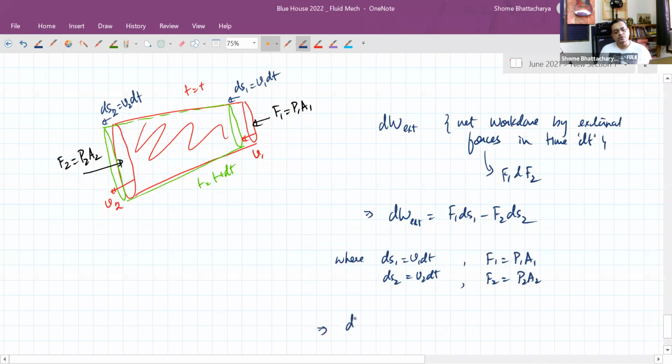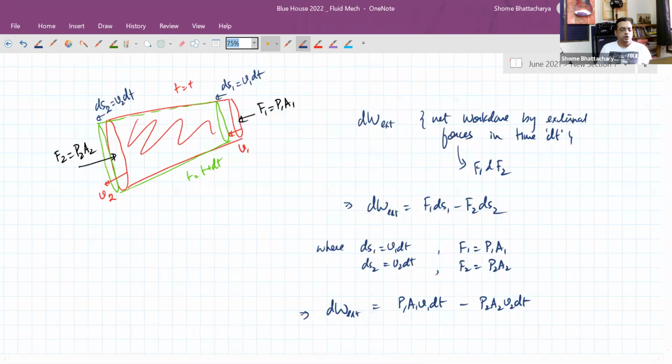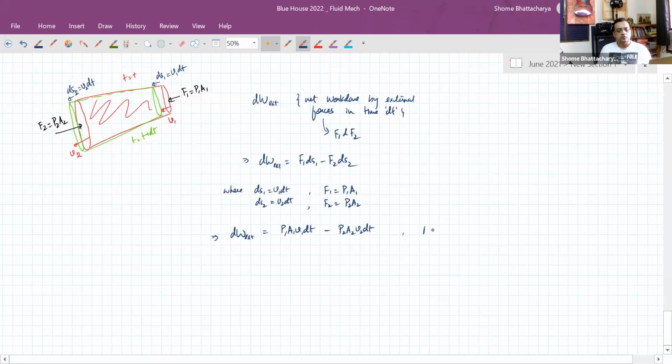So this can be further reduced to P1 A1 into v1 dt minus P2 A2, which is the force, into v2 dt, which is the displacement. Now if we incorporate the continuity equation, A1 v1 is equal to A2 v2, which is in fact the volume flow rate dV by dt. So we can write the net work done as the pressure difference P1 minus P2 into dV.